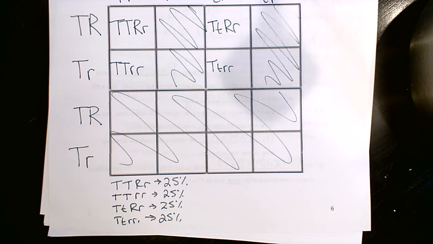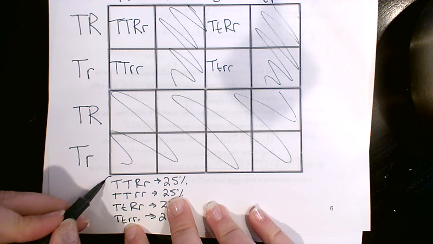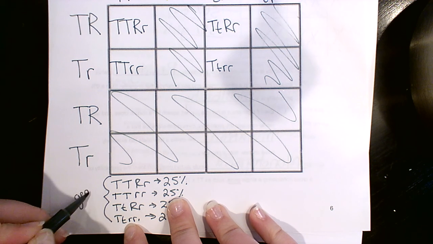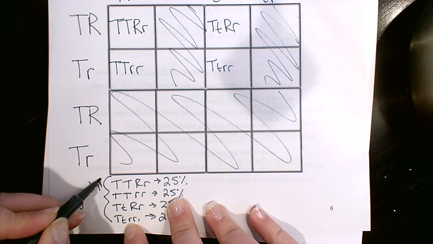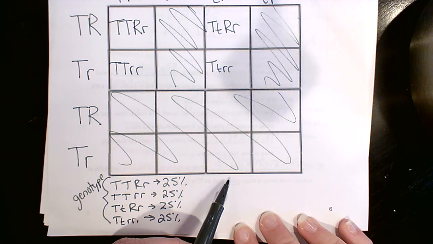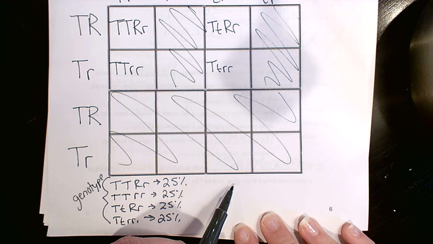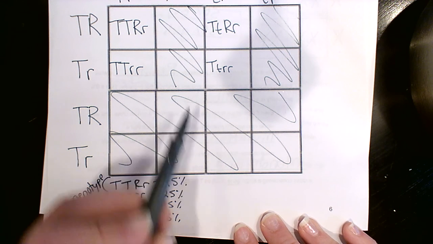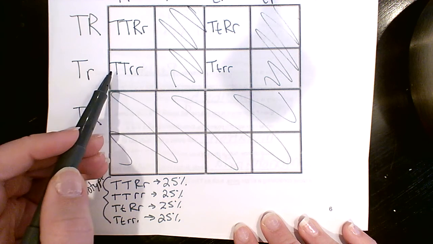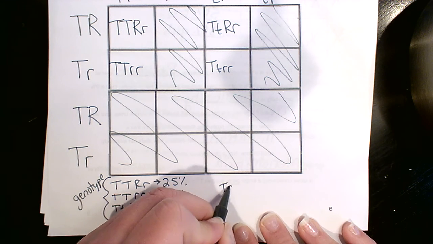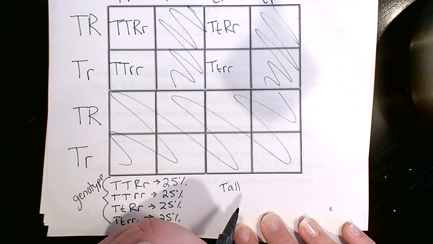So those are our genotypes, right? Those are the alleles, the specific combinations. But then if we were thinking phenotypes, would they be tall or short? Well, every single one has at least a capital T, so they're all going to be tall.